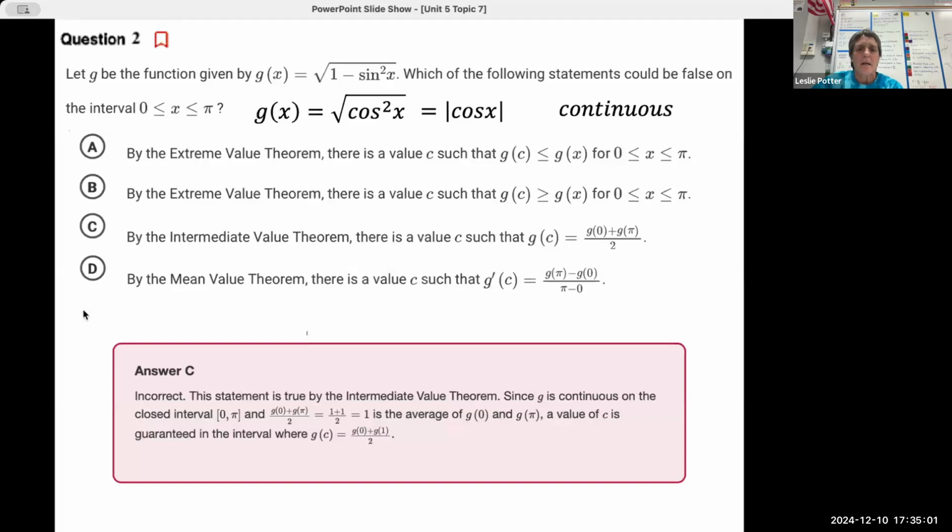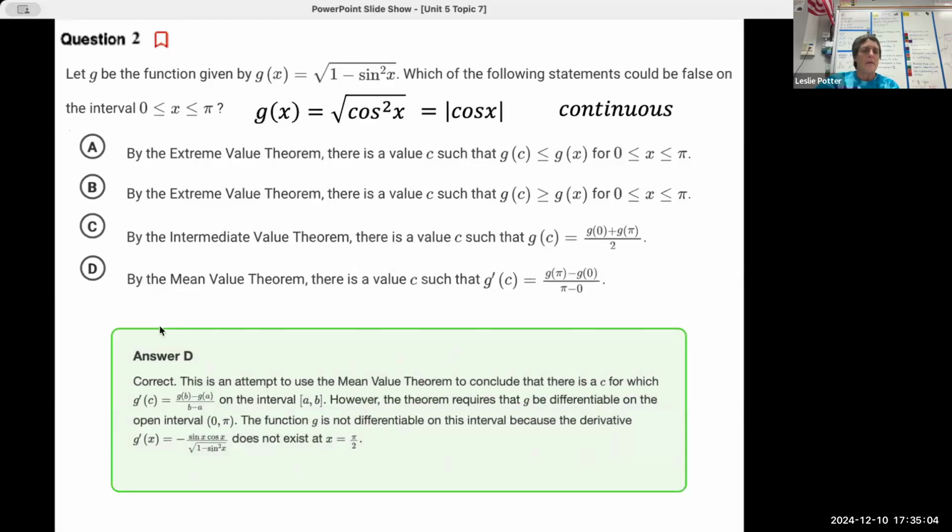So that leaves statement D, the mean value theorem. And you might have guessed by the graph, right, that the function, the absolute value of cosine of x, has a cusp at pi over 2. And so by the mean value theorem, there's a value C such that the derivative equals the average rate of change. And so the average rate of change here, G of pi minus G of 0 over pi minus 0, is 1 over pi.